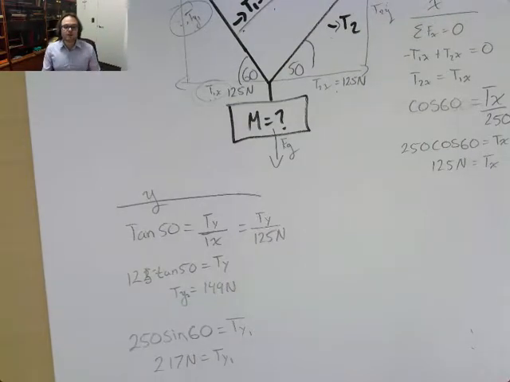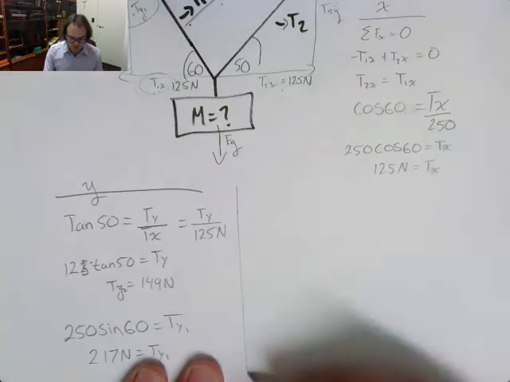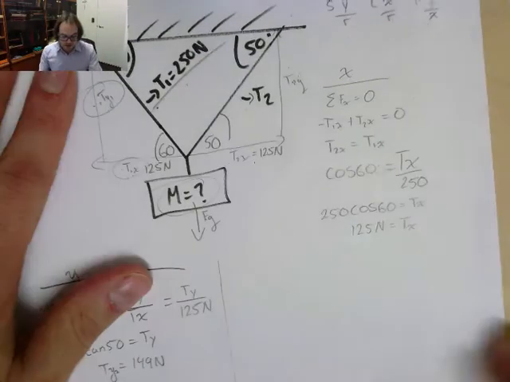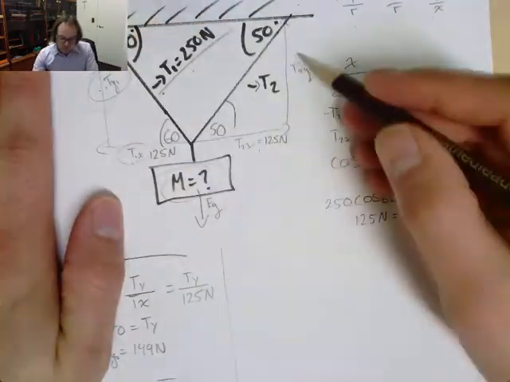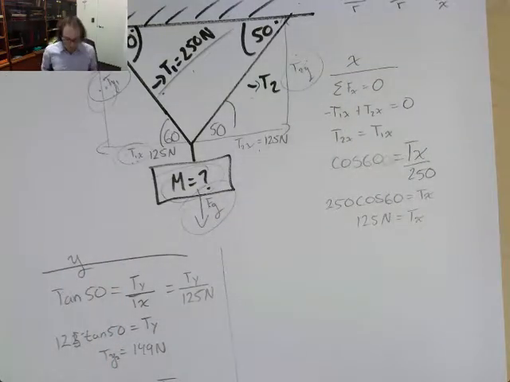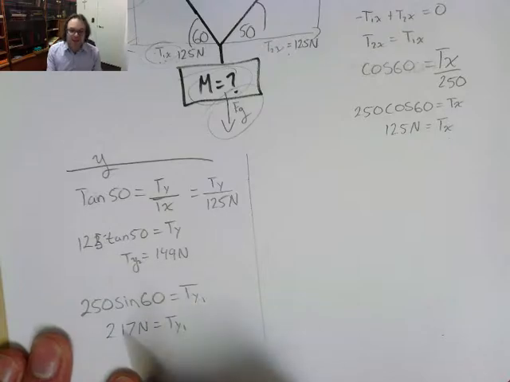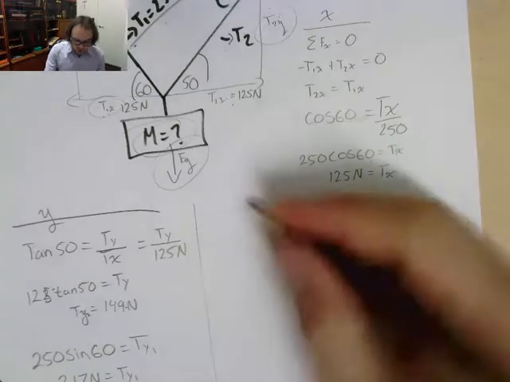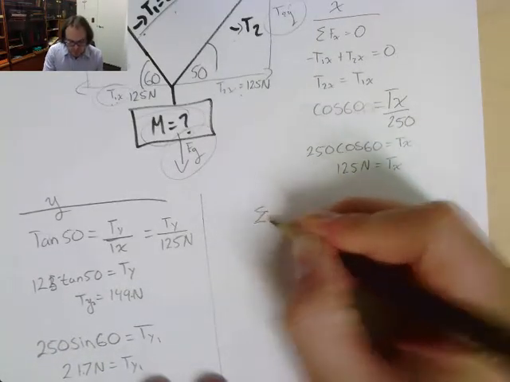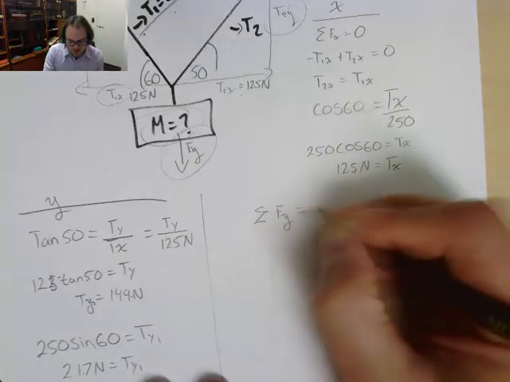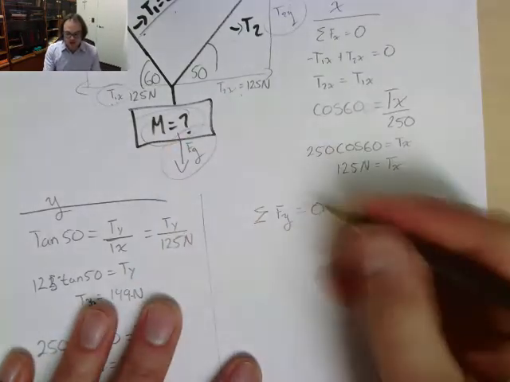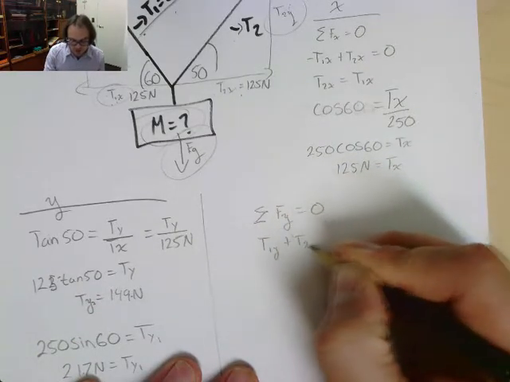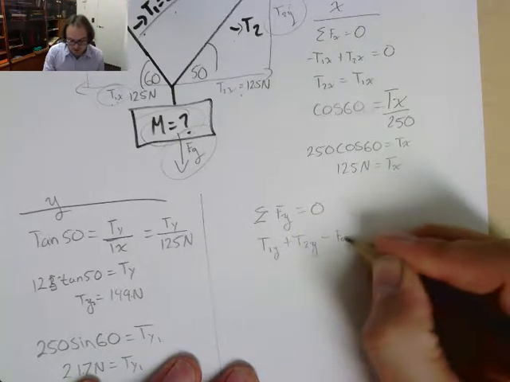Now, let's look at this here. I'm just going to move this over this way. Now that I know these, I can actually find the mass of my object. Because on our free body diagram, these y's must equal the weight pulling down. So I have to add these y's together to figure out the weight of my mass. We know that the sum of my forces in y must equal 0. So T1y plus T2y minus my force of gravity must equal 0.